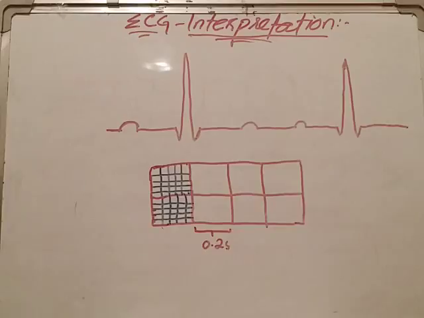When the ECG graph moves under the electrocardiographic structure, in 0.2 second one large box is crossed.